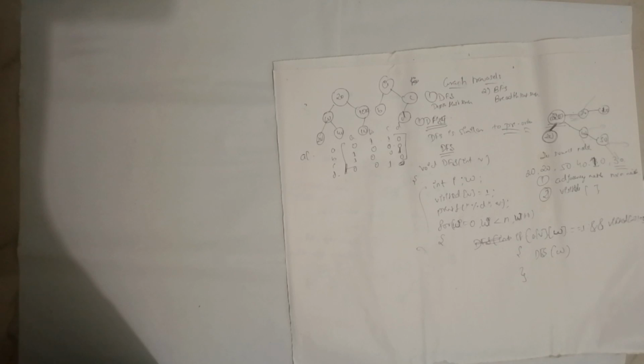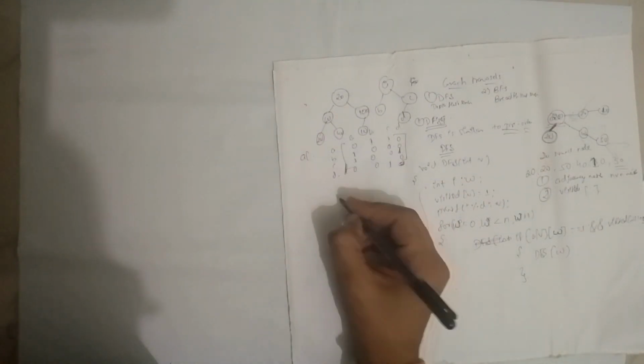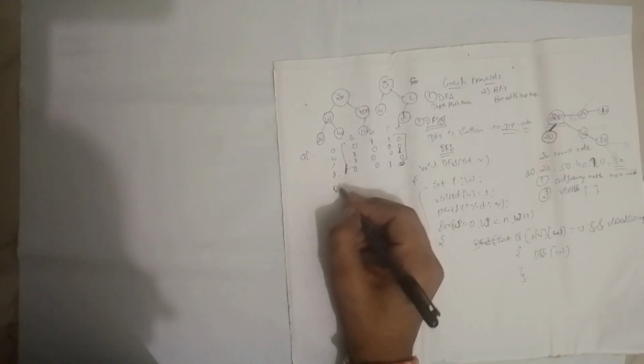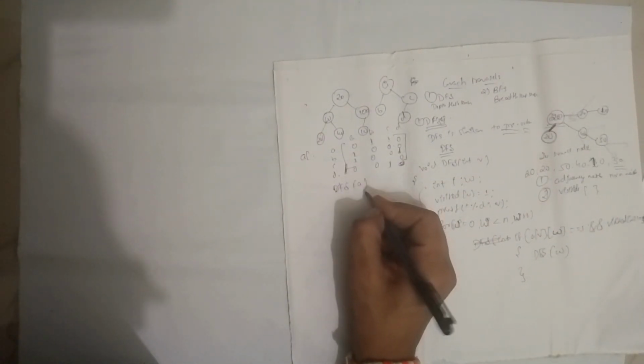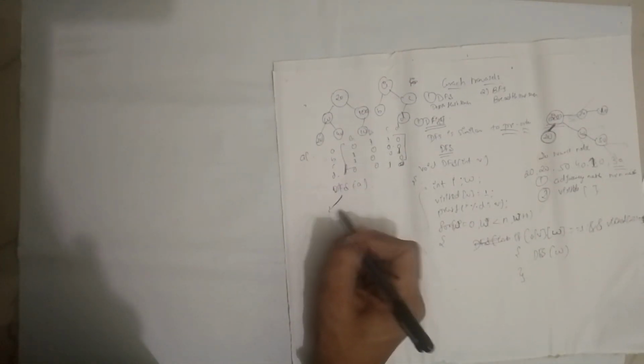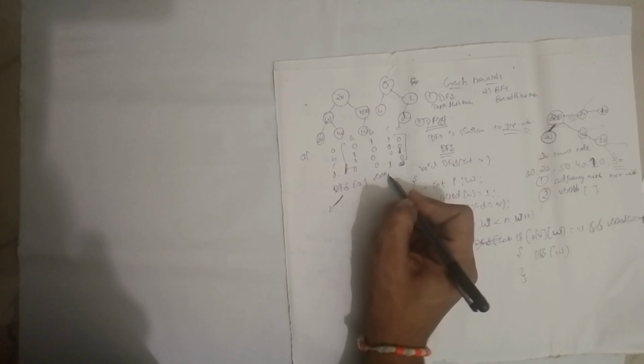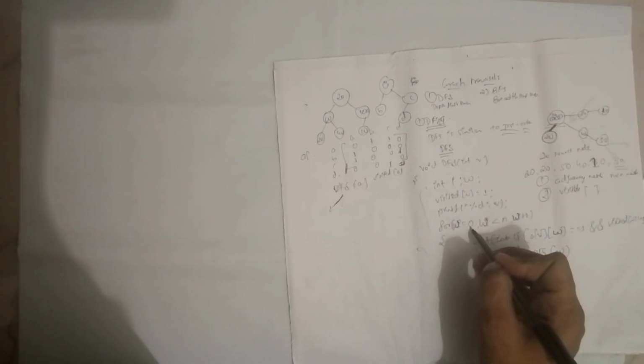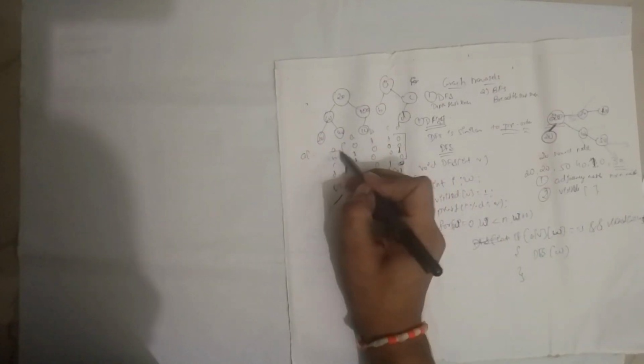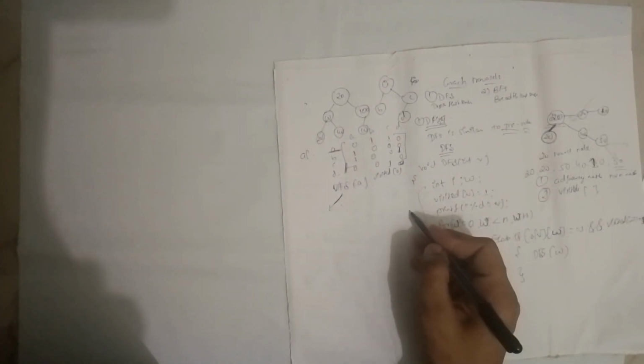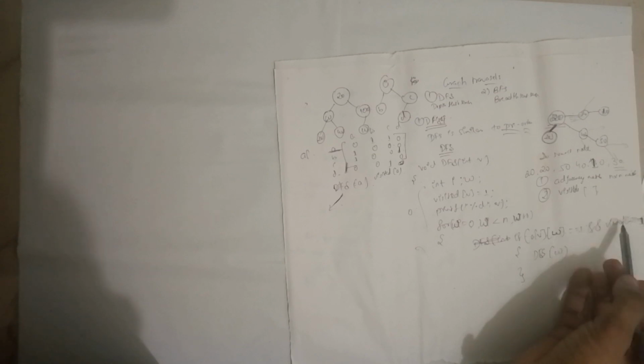Now we are going to use this matrix, and we are taking the source node as A. So DFS of A. At the first iteration it chooses 0, which means A. A[0][0] is 0, and visited[0] is 1, so it halts.